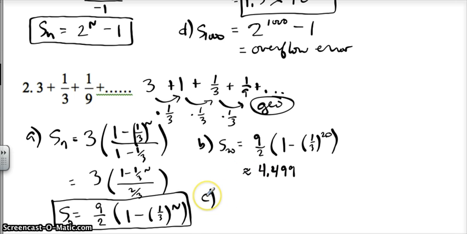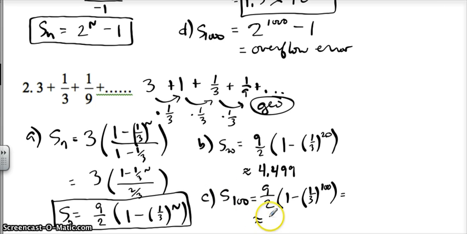Okay. Letter C, we're going to plug in S sub 100 now. Do the same thing, 9 over 2 times 1 minus 1/3 to the 100th power is going to give us about 4.5. Letter D, 9 over 2 times 1 minus 1/3, this time to the 1000th power.